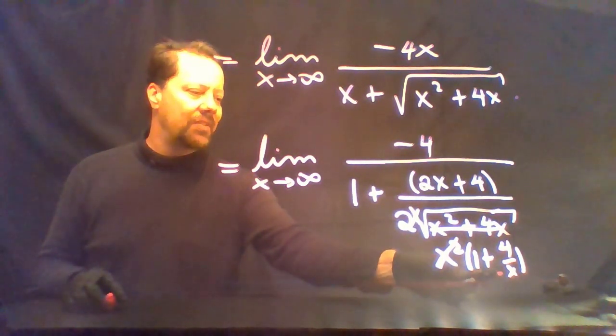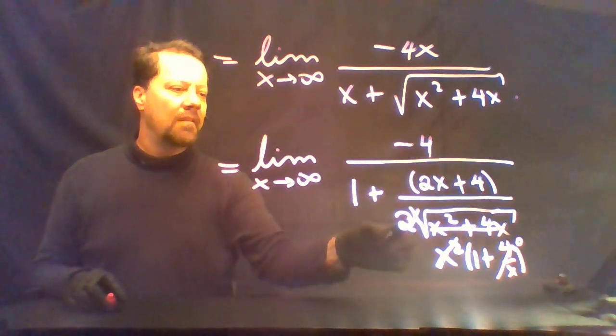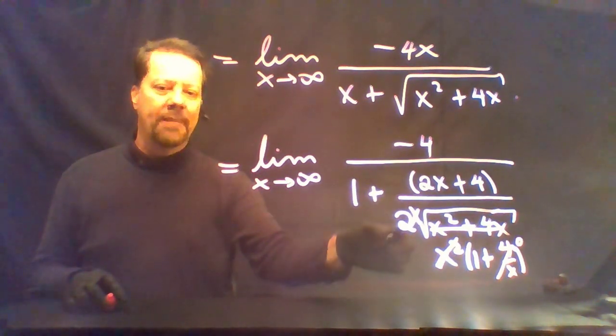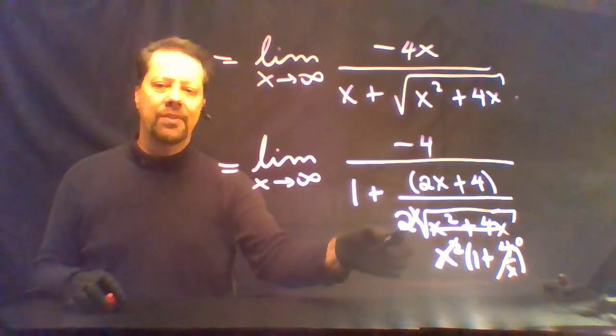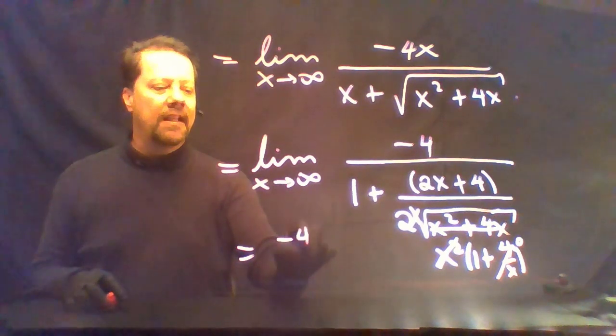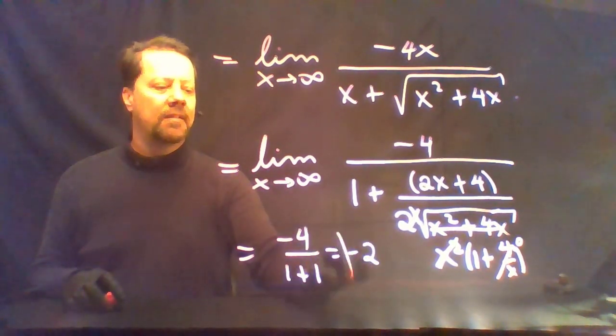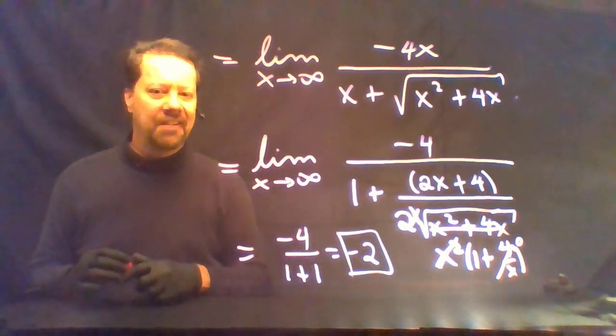Now, as x goes to infinity, this clearly goes to 0. This ratio will become 2 divided by 2, which is 1. And we'll get negative 4 divided by 1 plus 1. The limit is negative 2.